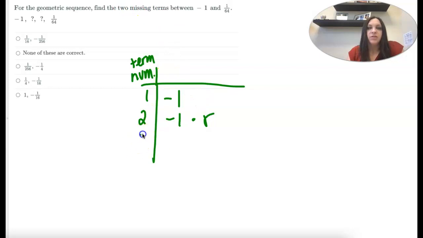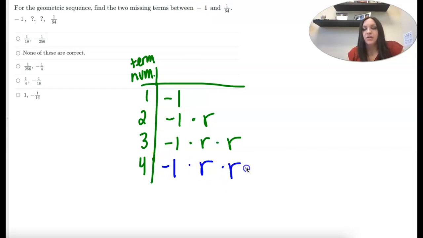For the third term, we take -1 times the ratio times the ratio. The fourth term is 1 over 64, right? But we get that by taking -1 times r times r times r. So that gives us 1 over 64.